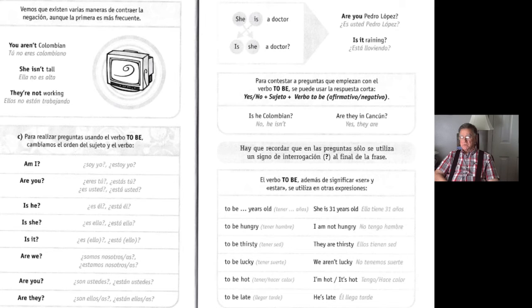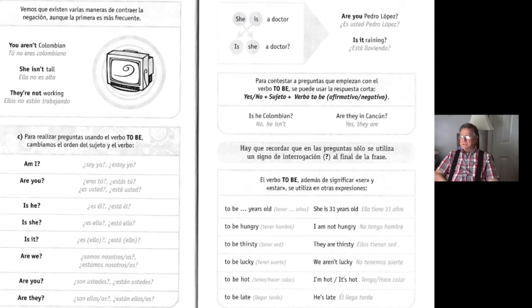And then to make it a question, is she a doctor? Okay, the difference between a statement, una palabra para decir algo. She is a doctor. No es una pregunta. But if we change it, is she a doctor? Is she a bookkeeper? Is she a school teacher?